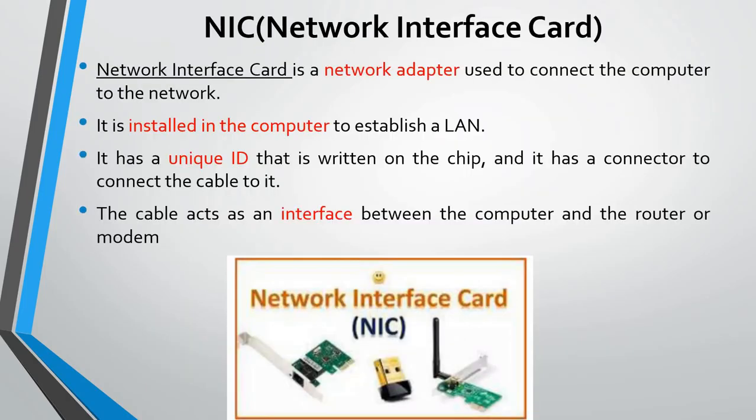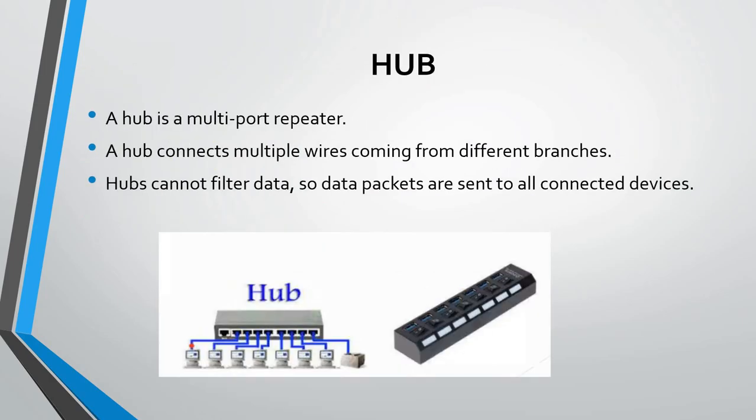First comes the NIC, that is Network Interface Card. This is a hardware component which allows a computer to connect to a network either through a wired medium or a wireless medium like Ethernet or a Wi-Fi model. Next comes the hub.